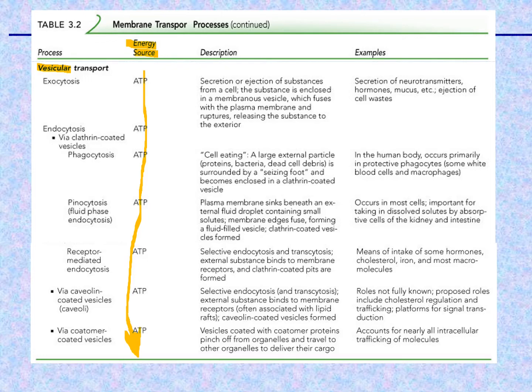That's a subcategory of active transport, and it can be movement out of the cell, in which case it's called exocytosis, or movement into the cell, in which case it's called endocytosis.